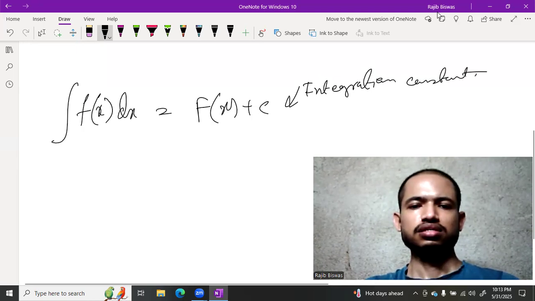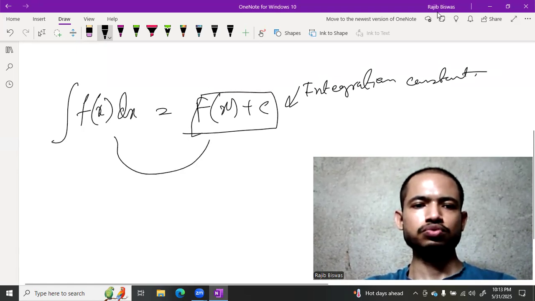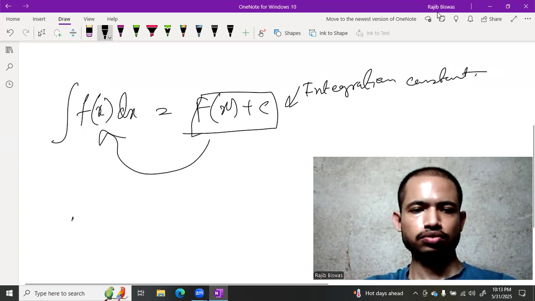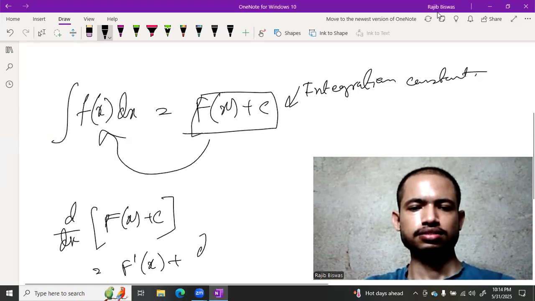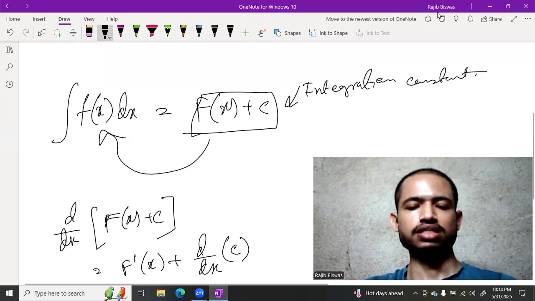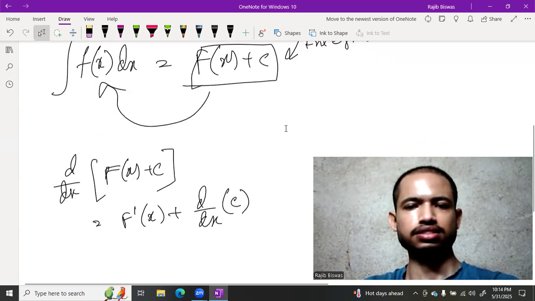Then differentiating this result will bring us back to the original, I mean initial function, small f(x), right? So when we differentiate capital F(x) plus c, it is F dash x plus the derivative of the constant c, and you know that the derivative of any constant is 0.